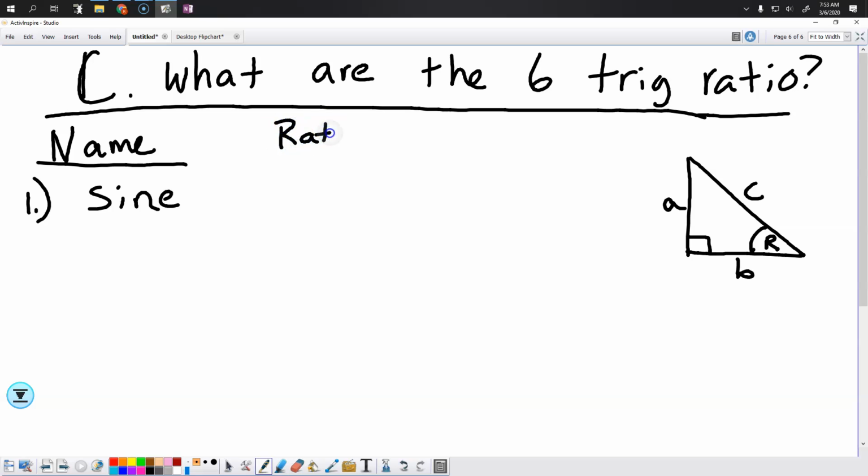What is sine? Sine is opposite over hypotenuse. Okay? Now, how do we write this then?